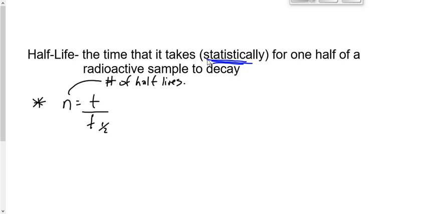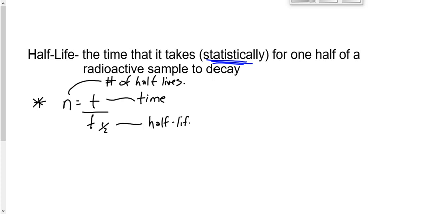If the half-life of something is 2 days, let's say it takes 2 days for 500 kilograms to get down to 250 kilograms, the half-life will be 2 days. If the half-life is 2 days and 6 days have gone by, then that means I've had 3 half-lives. So to find the number of half-lives, we're going to simply divide the time that has elapsed by the half-life.